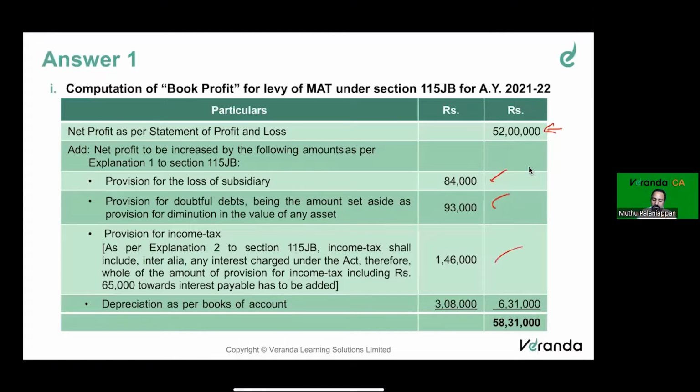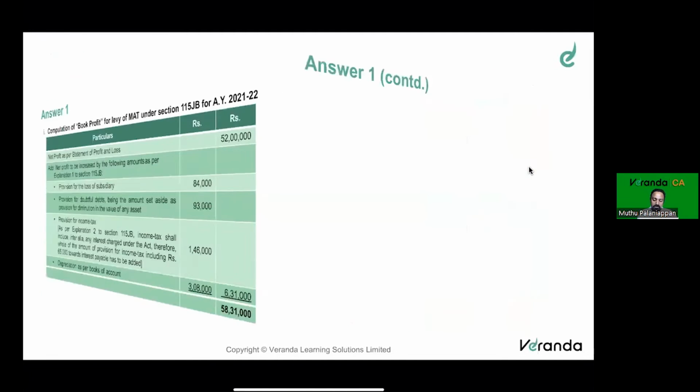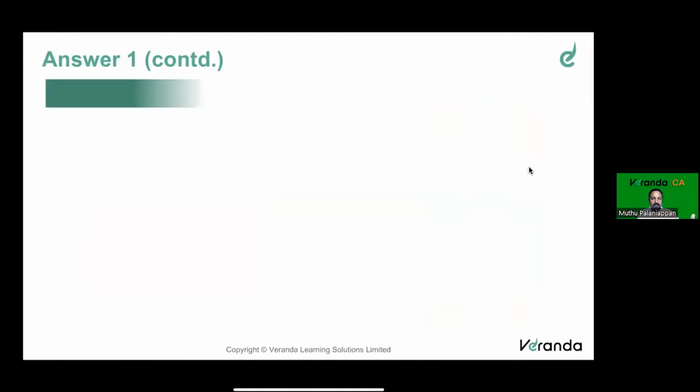That is why the entire amount is added. It is provided in the explanation too. So it's not only interest; as we said, 5 items, part of tax has to be added back while it is being treated as a provision in the books of account. And then depreciation has to be added, finally reduced after adjusting the revaluation depreciation. So with that, we are done with the additions.